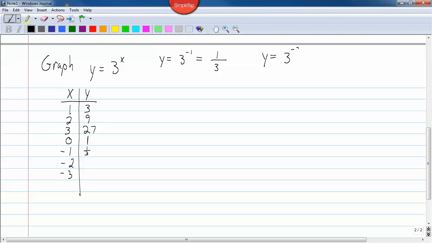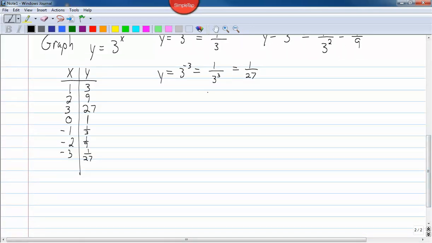That'll be 3 to the -2 power, or 1 over 3 squared. You make the power positive by moving it to the denominator. So that's 1 over 9. And then what happens when I plug in a -3? That'll be y equals 3 to the -3rd power, or 1 over 3 to the 3rd power, which is 1 over 27. So you see these numbers get really, really small fast.